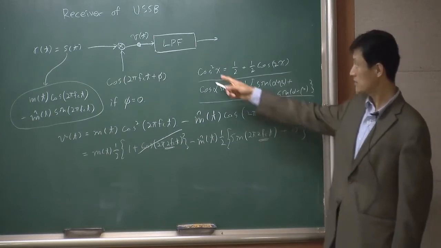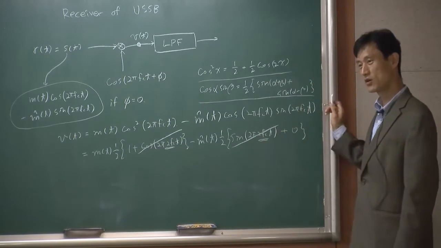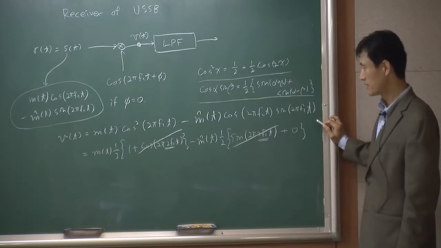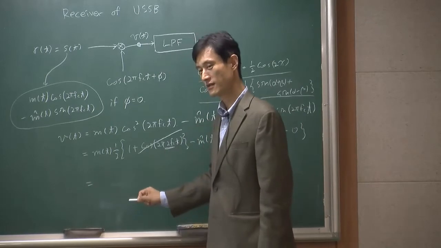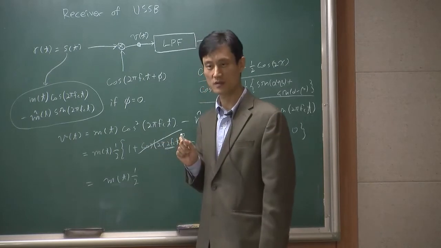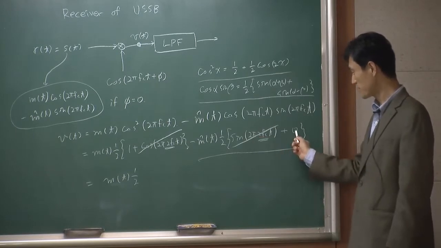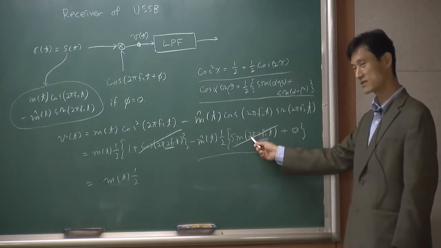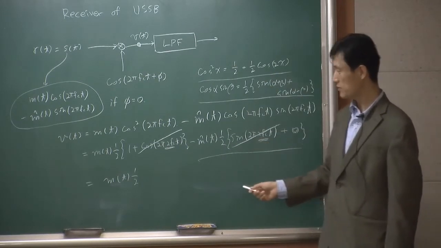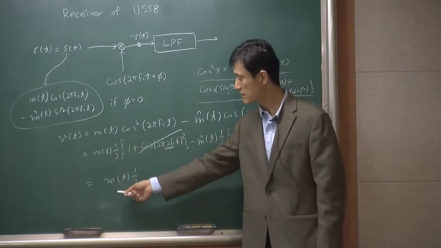So using the same low pass filter, both are going to go away. Then what do you get? The output is only this one. Because in the second term, this is 0, you only have this, but it is removed by the low pass filter. So you only get this.